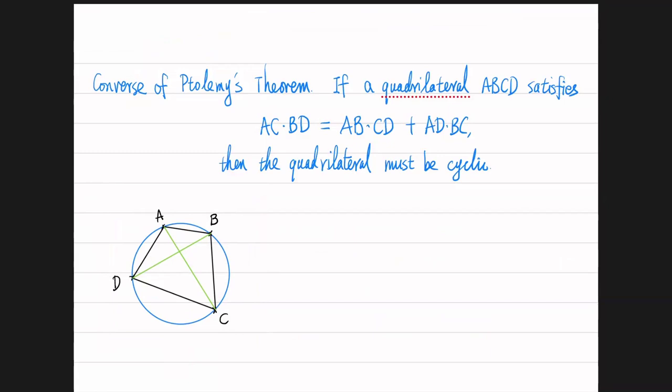Okay, we start with this AB. This is the chord. Can you find the inscribed angles for chord AB? ADB, ACB. Inscribed angles.